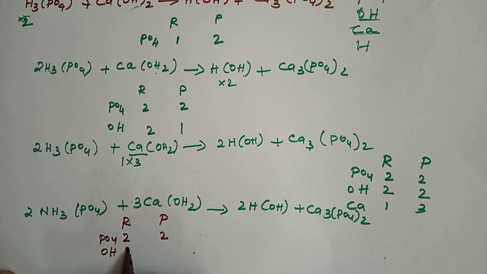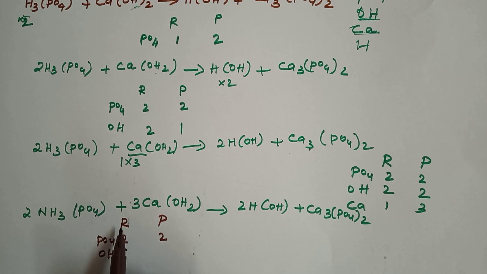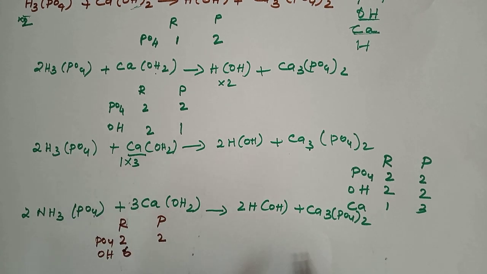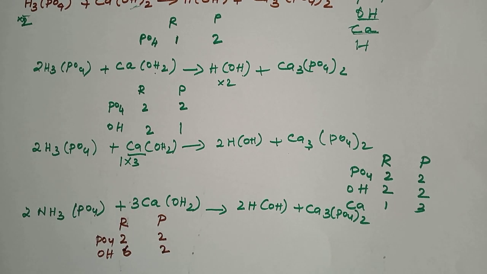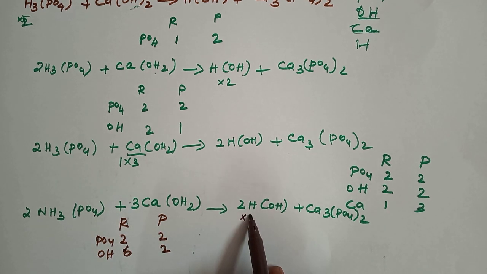Next, how many OH molecules do we have here? 3 into 2, 6 we have. This side how many do we have? 2. So what do we have to do? Again we have to multiply here. 3 2s are 6.